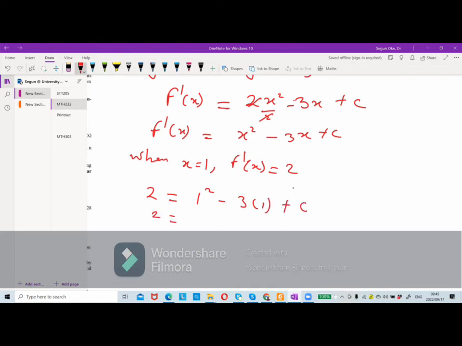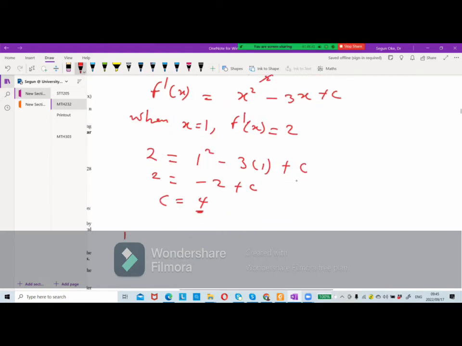So I have 2 equals to 1 minus 3 plus c. C is equals to 4, right? Now, substitute c equals to 4 in f prime: x squared minus 3x plus 4.